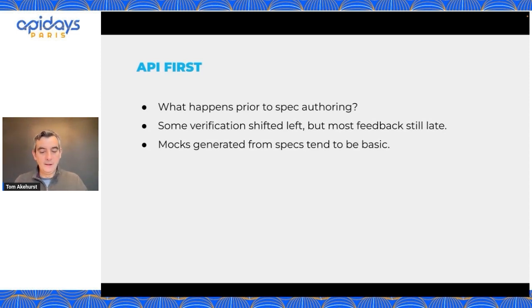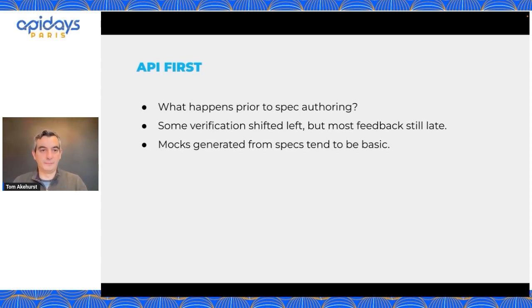And so, in my observation of the way people work, there's still something that has to happen to the left of the collaborative spec authoring to really think through those examples and bring them to life before committing them to a specification.